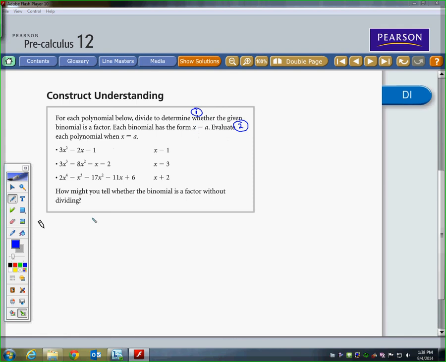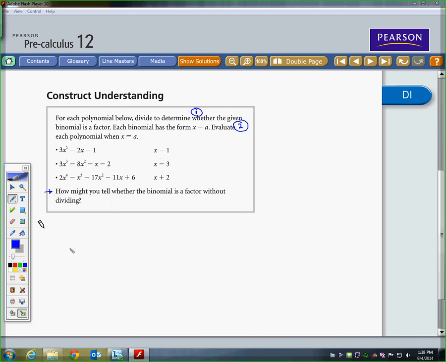There's even a question at the end to hint: how might you tell whether the binomial is a factor without dividing? We'll get to that in just a second. Okay, x minus 1 will be a factor of 3x squared minus 2x minus 1 if it divides evenly.